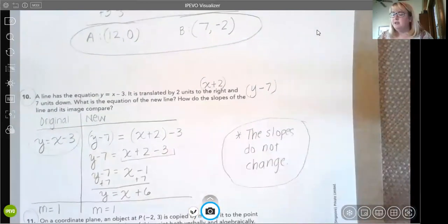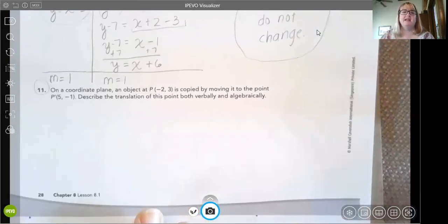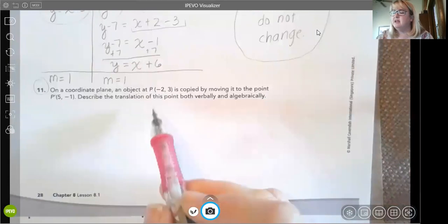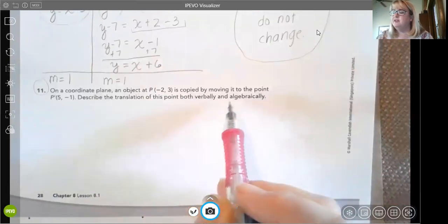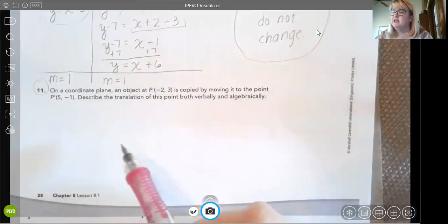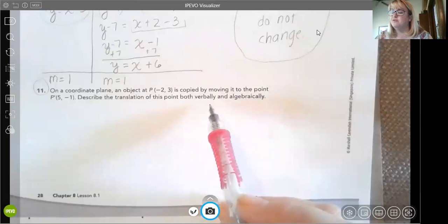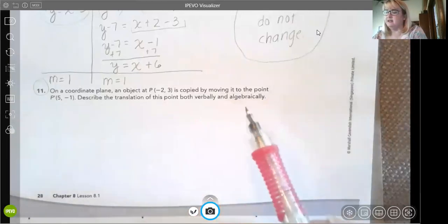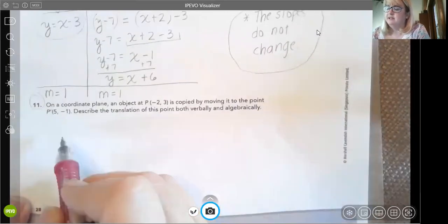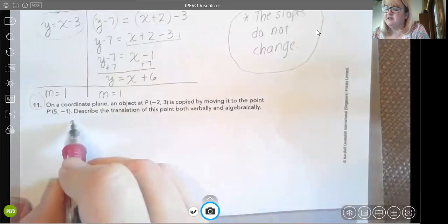All right. On a coordinate plane, let's look at number 11. On a coordinate plane, an object at P, -2, 3, is copied by moving it to the point P prime 5, minus 1. Describe the translation of this point both verbally and algebraically. Okay, so let's look at our x values.